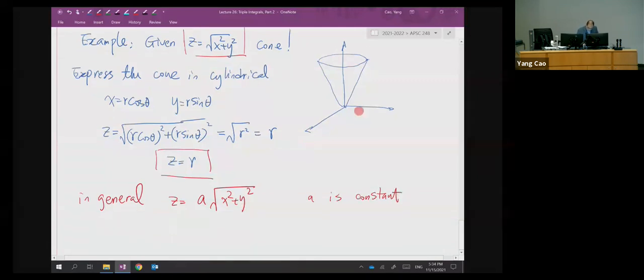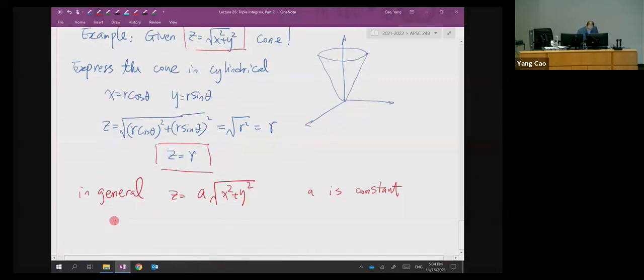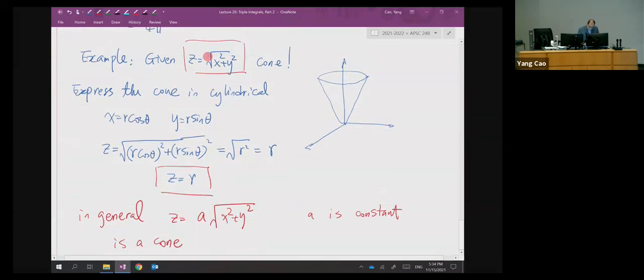So what does the a do to the cone? Given this example, a equal to 1, you get that cone back.